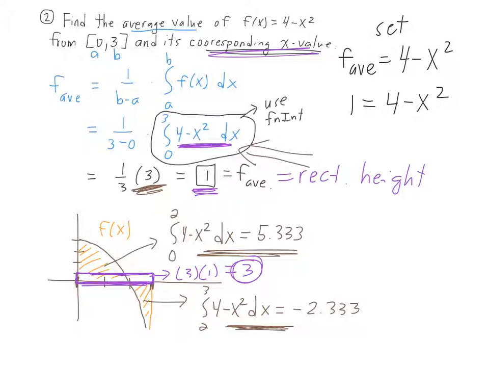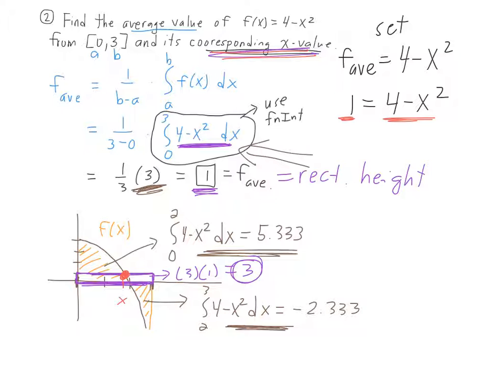If I go back to this for a moment, right here, this is the point where the rectangle crosses the curve. So we are trying to find the x value that goes with that. We can see it's somewhere between 1 and 2. So when we're trying to find the corresponding x value, we know that the height is 1. We're going to just simply solve this equation for x, to figure out where they are the same.